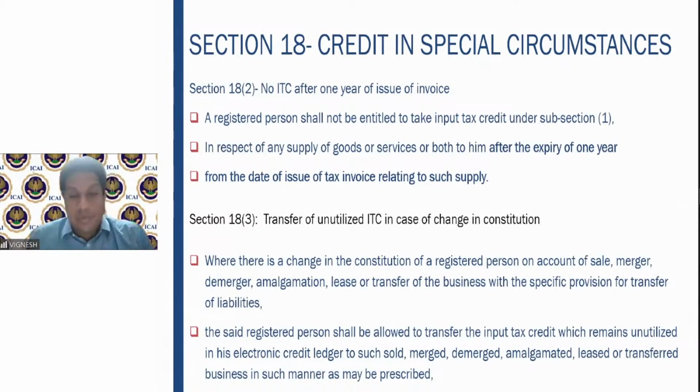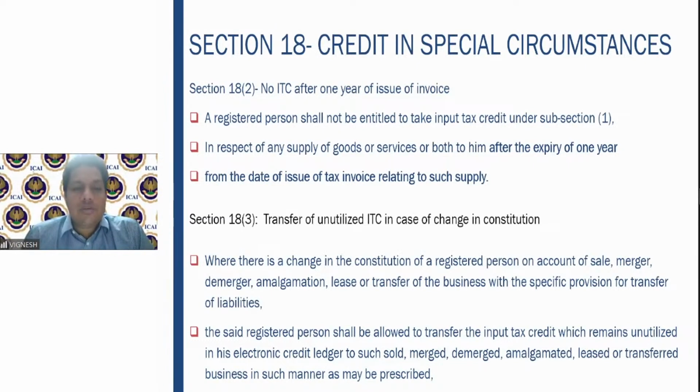18 subsection 3 speaks about transfer of unutilized ITC in case of change in constitution. Now there may be a lot of changes in constitution, like a sale of the company or merger, demerger, amalgamation, etc., with a specific provision for transfer of liabilities. Right?